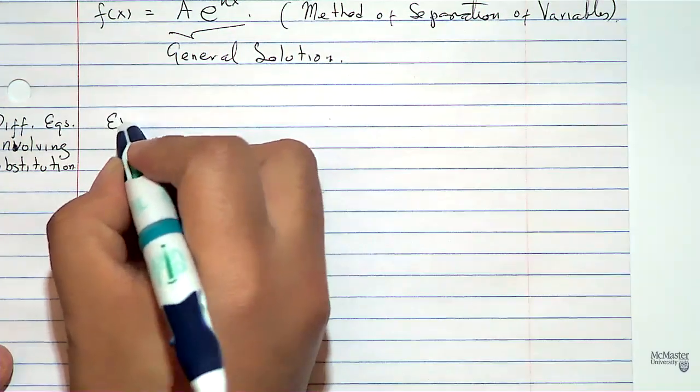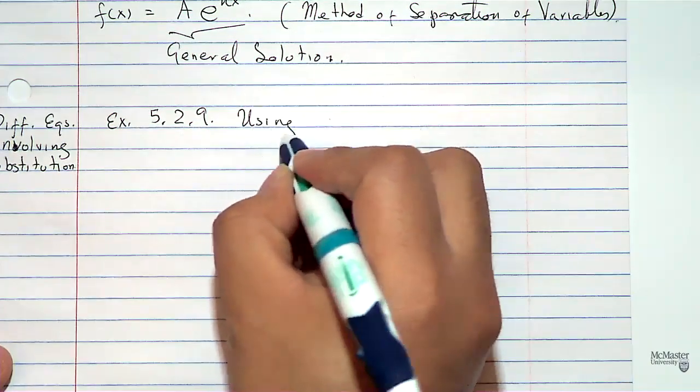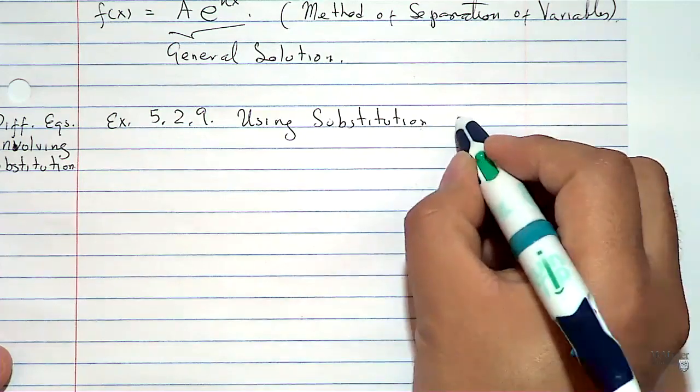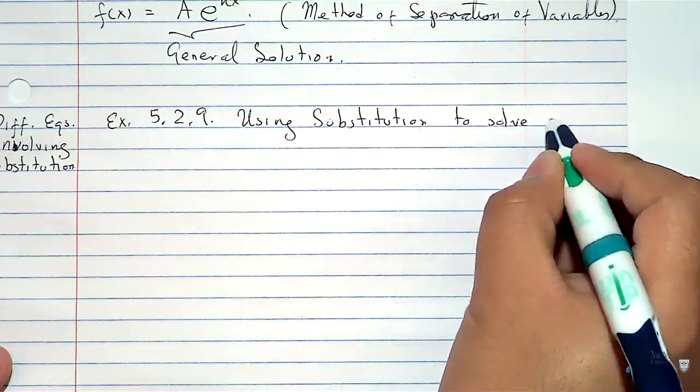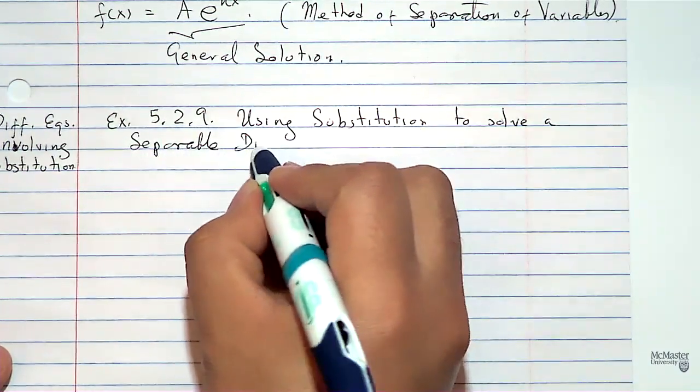It is example 5.2.9, which uses substitution to solve a separable DFQ. You will see why it's separable.